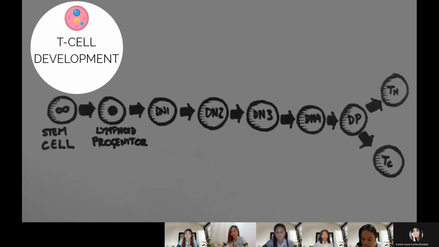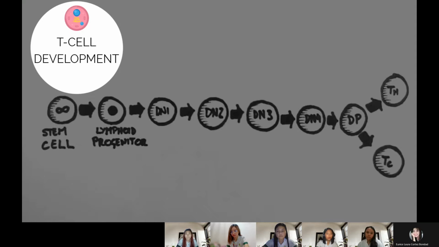This is where CD4 and CD8 take place, because cluster of differentiation 4 and 8 are glycoproteins attached to the cell which classically determine whether a T cell has developed into a T helper or a T cytotoxic.